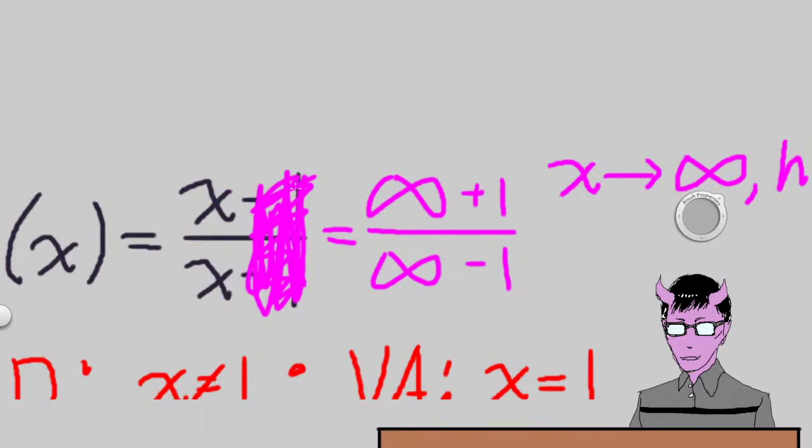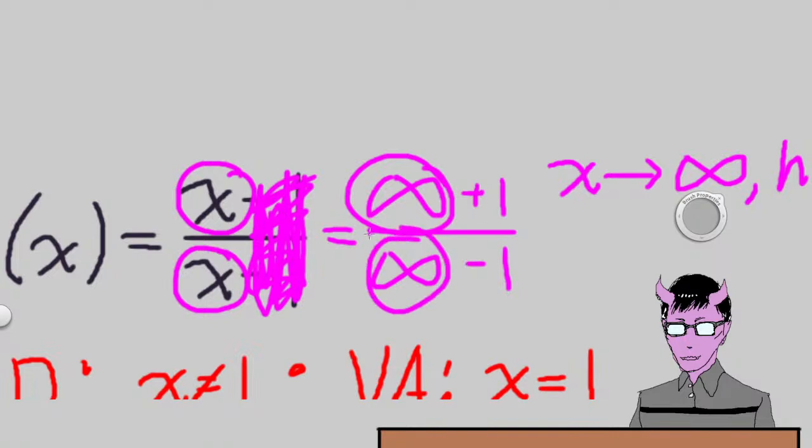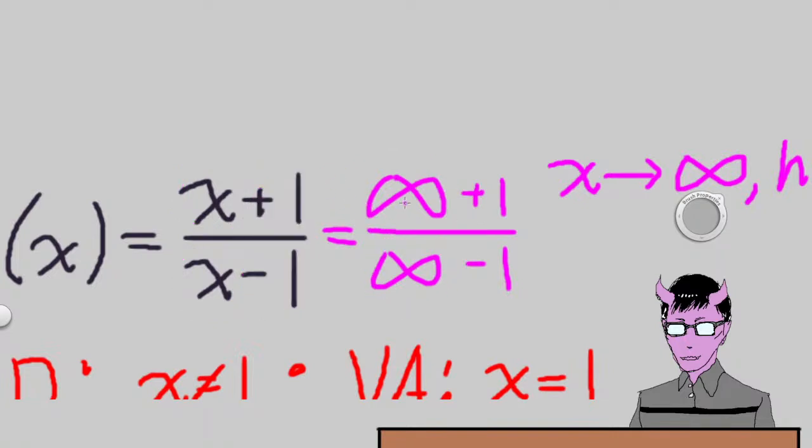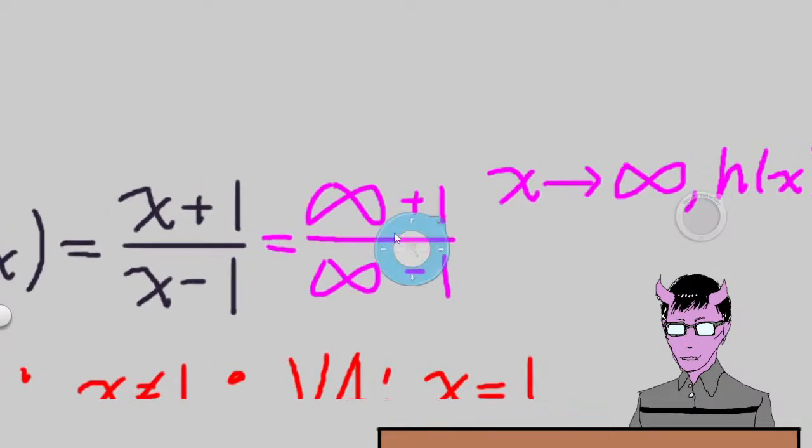So we have, for all intents and purposes, a huge number on top that's virtually identical to the huge number on bottom. They're not exactly the same thing though, because this one is definitely increased by 1 and this one is decreased by 1. So in effect, this infinity is bigger than that infinity, but don't worry about that.